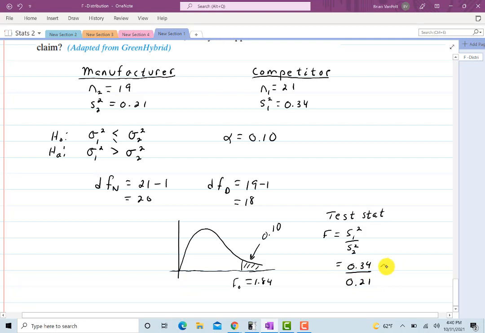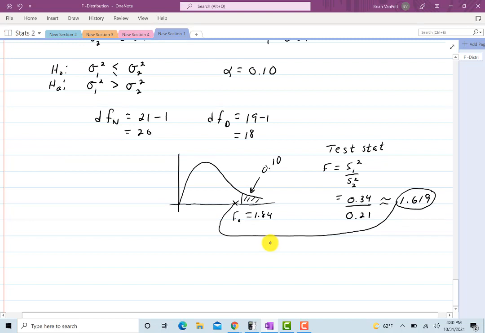So when I do this, I get approximately 1.619. And you can see that that is just right outside of the critical region. And so we do not reject H naught. So in fact, the claim is not looking like it was actually true.